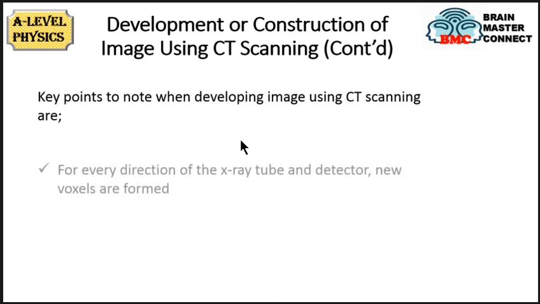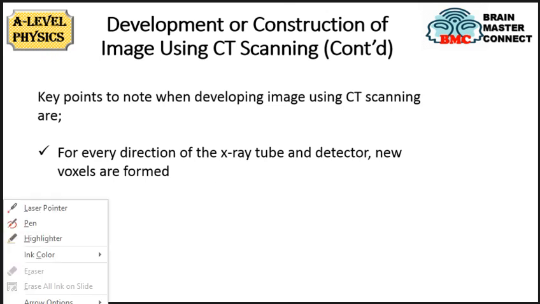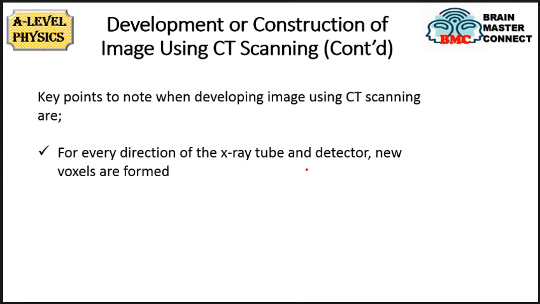So some of the key points are this. Number one, for every direction of the X-ray tube and detector, new Voxels are formed. So take note of that, it's very important: new Voxels are formed for every direction of the X-ray tube and detectors.